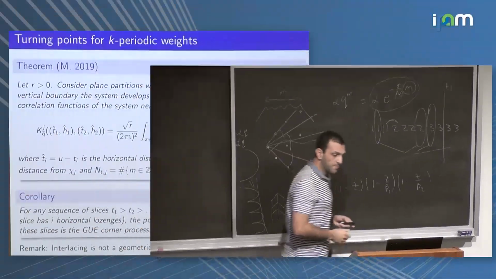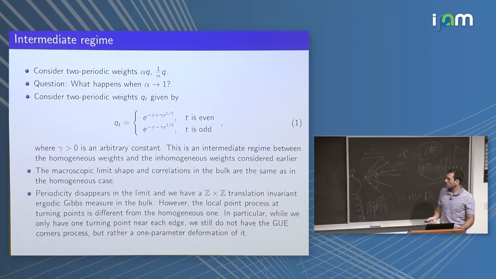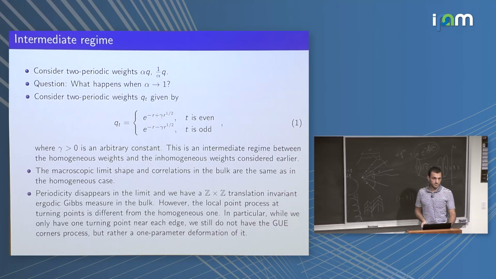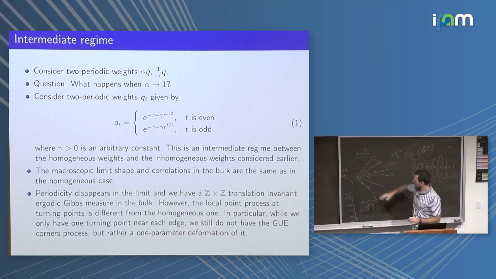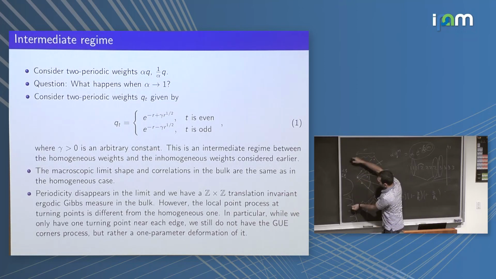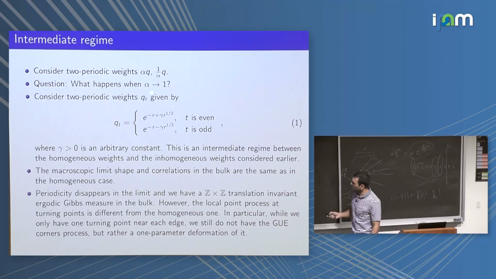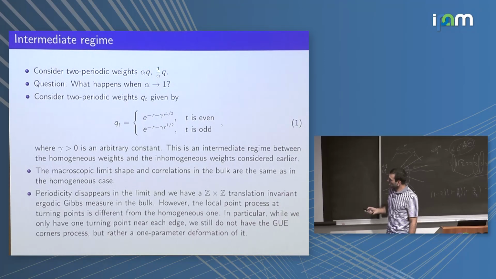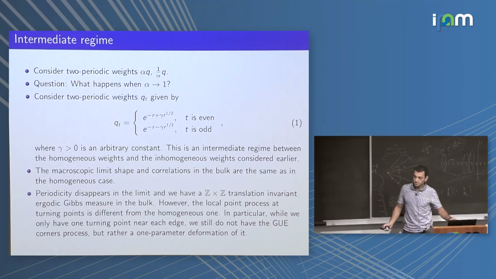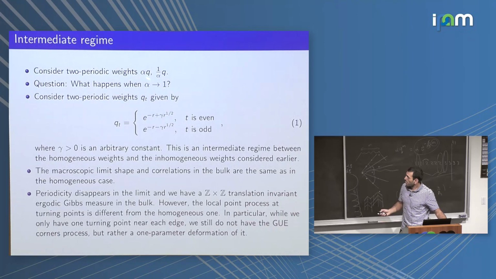You could ask, well, what happens as alpha goes to 1 as the system grows? Somehow alpha is pulling this turning point apart, but if you don't pull it apart too much, then you can have a process which is different from the GUE corners process. So consider, say, two-periodic weights, alpha q, 1 over alpha q, such that as the system grows, so as n goes to infinity, and as q goes to 1, alpha also goes to 1.